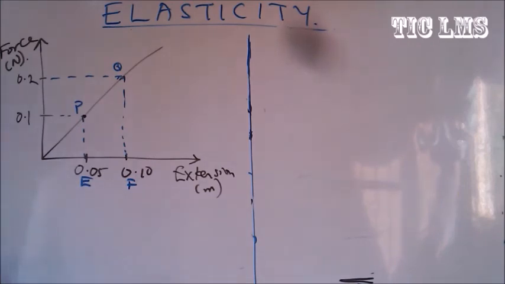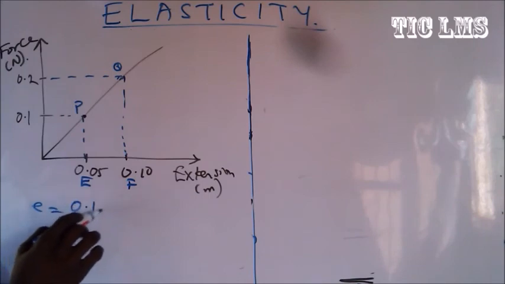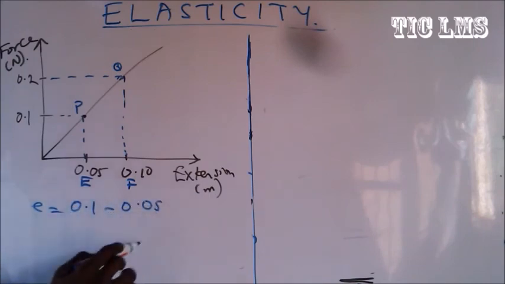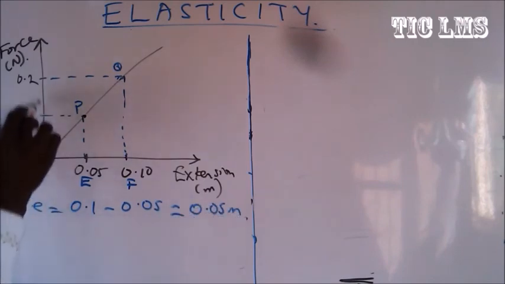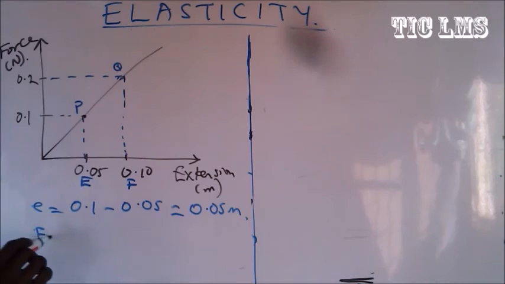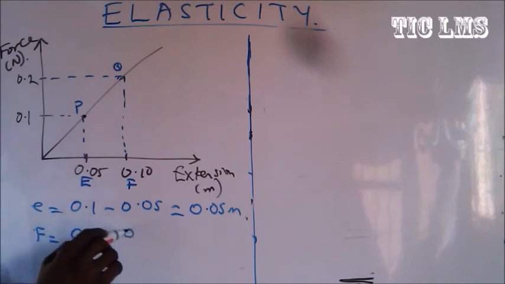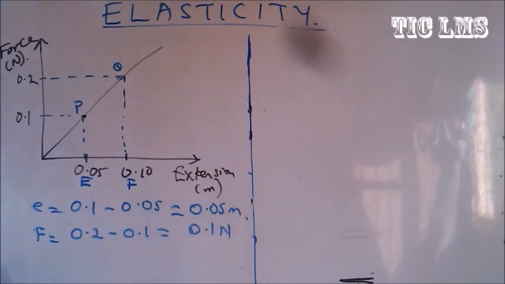So to find the extension and the energy stored, what we could do is first, what's the extension? The extension is 0.1 minus 0.05 in meter, and that gives us 0.05 meter. And what is the force that was applied between those 2 points? The force that was applied is 0.2 minus 0.1, and that gives us 0.1 Newton.